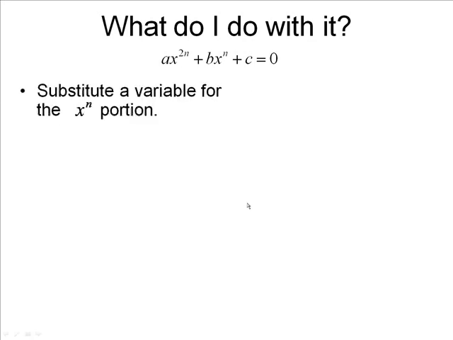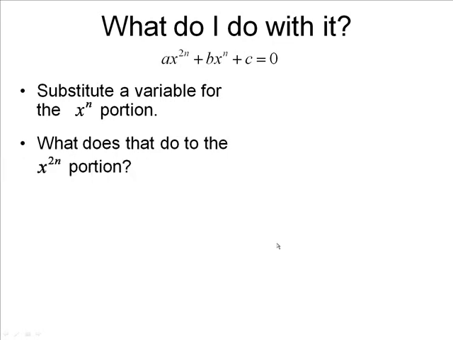So then you would just substitute any variable you want for the x to the n, leaving the b alone. Say q. Well, if q is x to the 3rd, then what would x to the 6th be for the 2n portion? X to the 6th would be q squared.